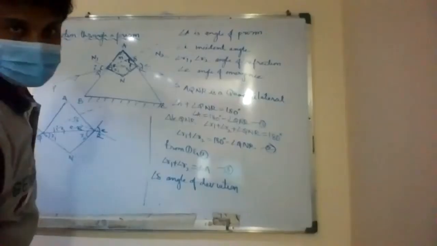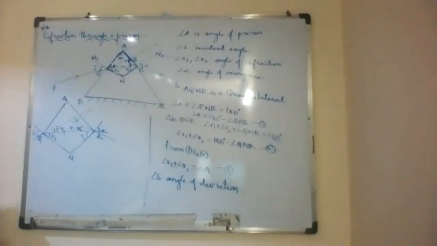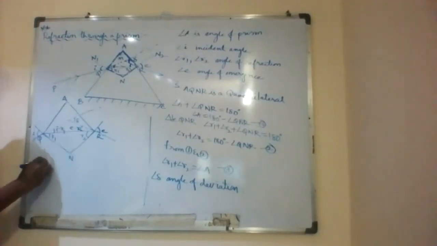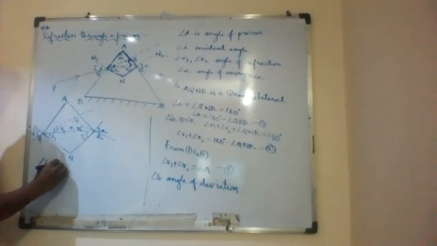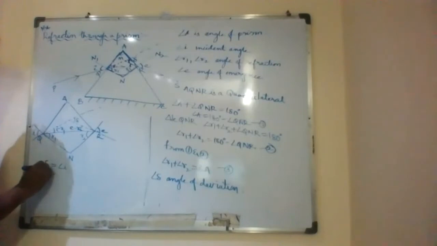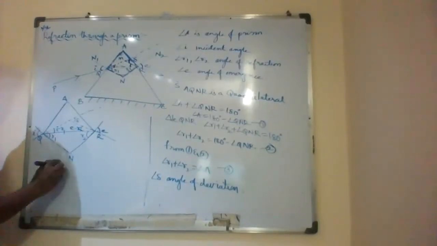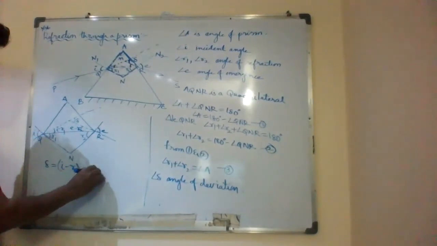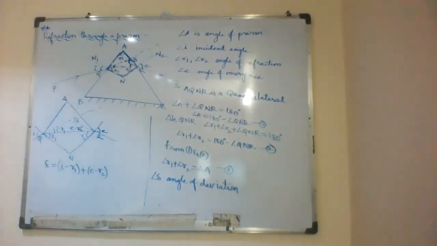Now the exterior angle is equal to the sum of the two interior opposite angles. Just write like this: delta equals I minus R1 plus E minus R2.